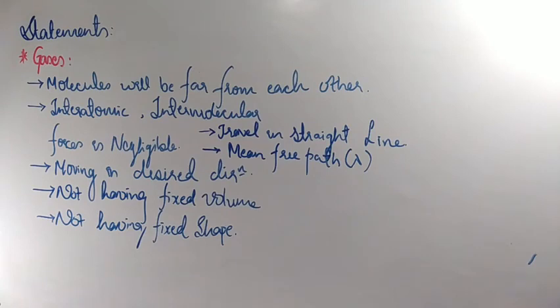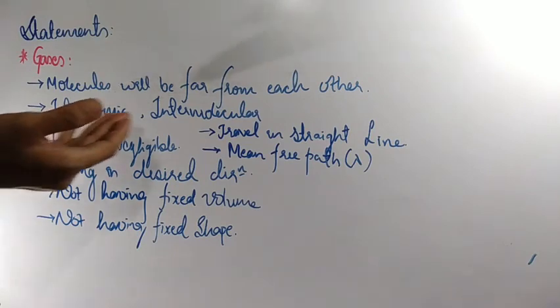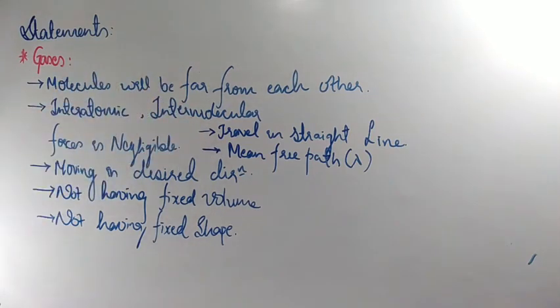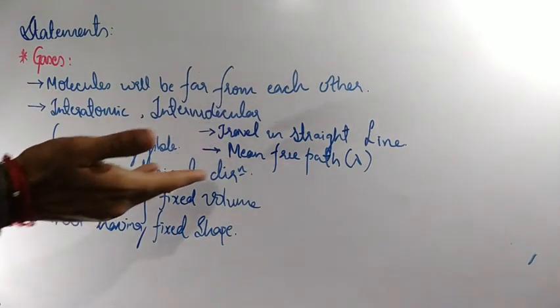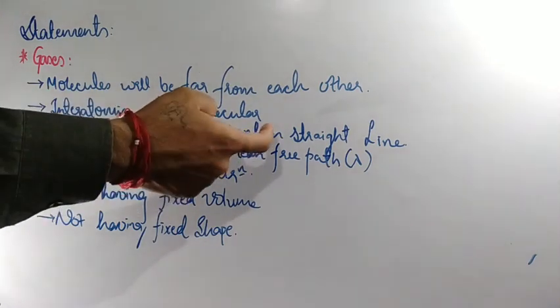Okay, so first point is nothing but molecules will be very far from each other. Interatomic and intermolecular forces will be absent here, that means negligible. Next, these molecules will move in a desired direction, basically in straight line.